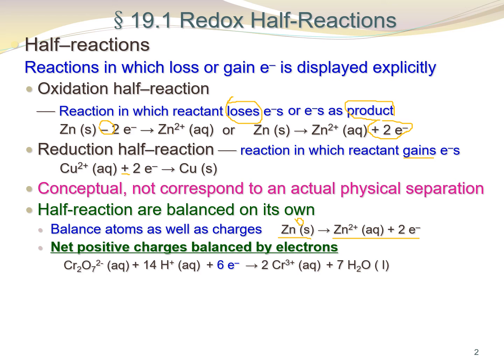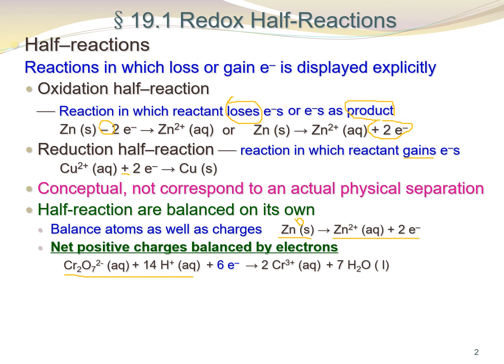So what we can do here is to calculate how many charges we have on the left. Let's just calculate how many charges we have on the left without these 6 electrons.